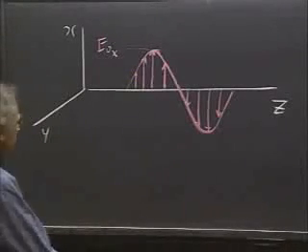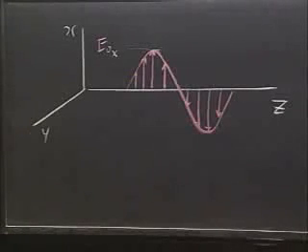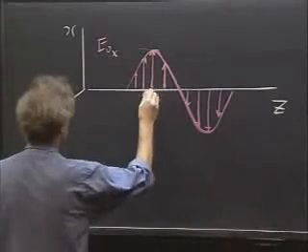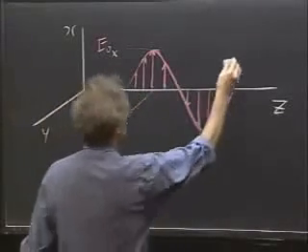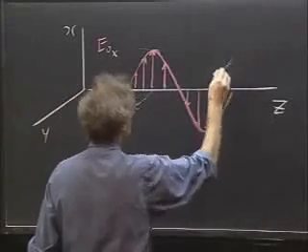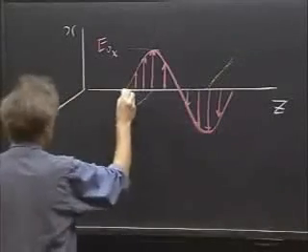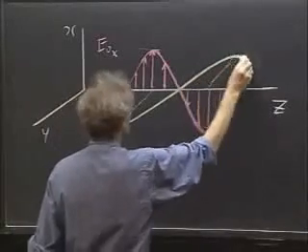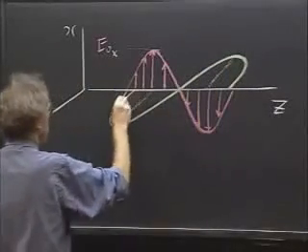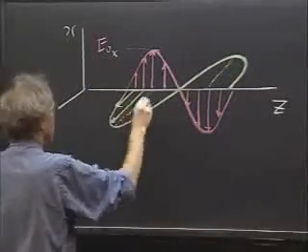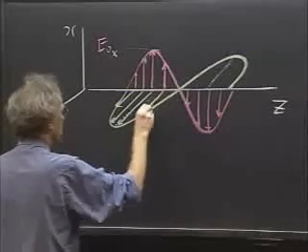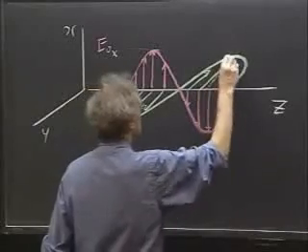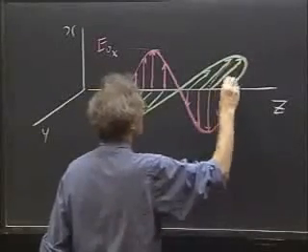Associated with that E field is a B field that is in the y direction. So that's like this. It's in the yz plane. And so the B vector is like so, like so, like so, like so, here, here, here, here.